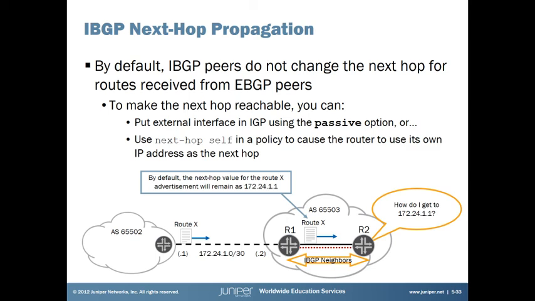So there are two ways of solving that problem. It's important to recognize that when you advertise a route via iBGP, the next hop attribute is not automatically updated.